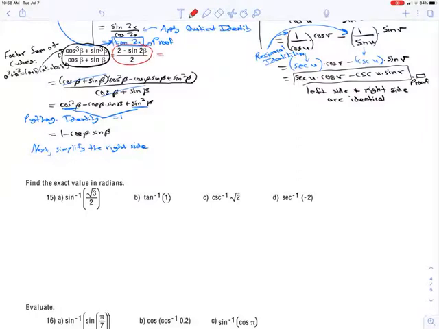Well, let's apply the identity. So we've got 2 minus, well, sine of 2 beta, that's equal to 2 sine beta cosine beta, all divided by 2. So double angle identity. Write that in here. Double angle identity. And then we can break that up.